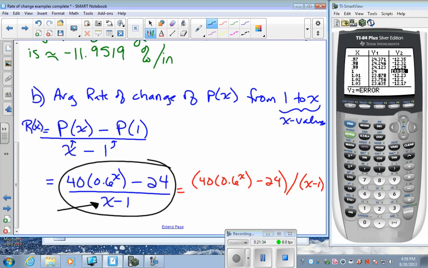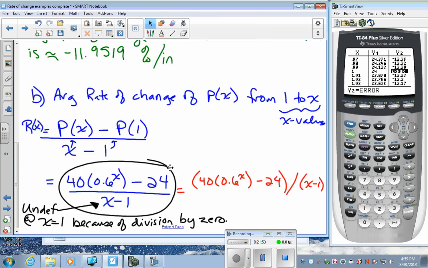Well, when x is 1, we have 0 in the denominator. So it's undefined at x equal 1 because of division by 0. We can't find the exact value at 1 using this method because every single time we're going to have division by 0.